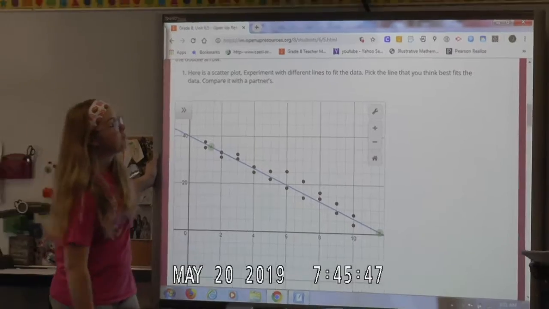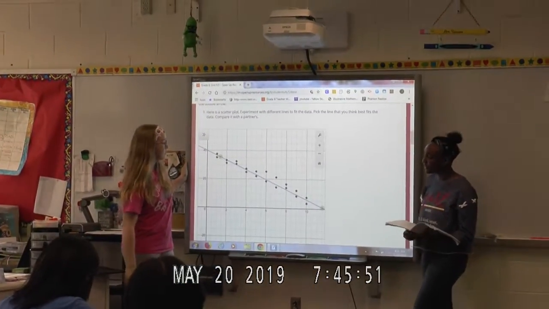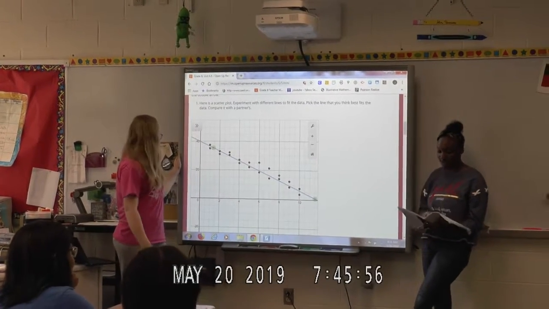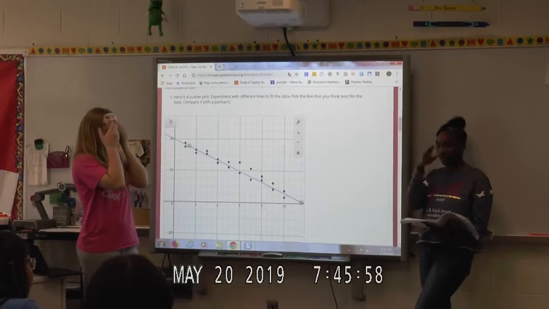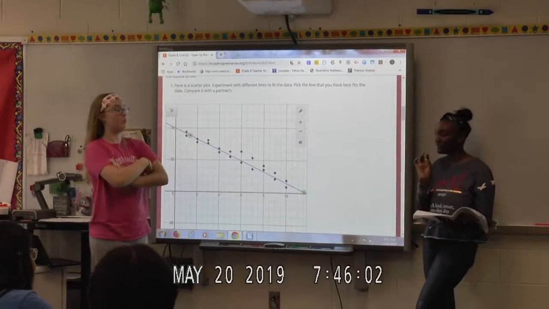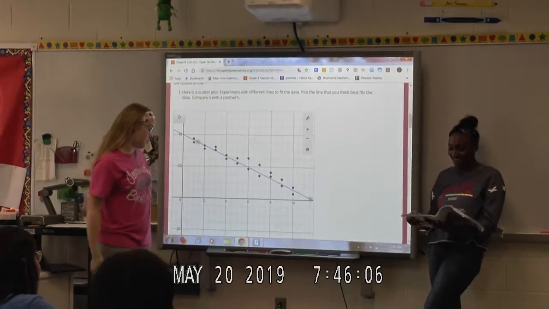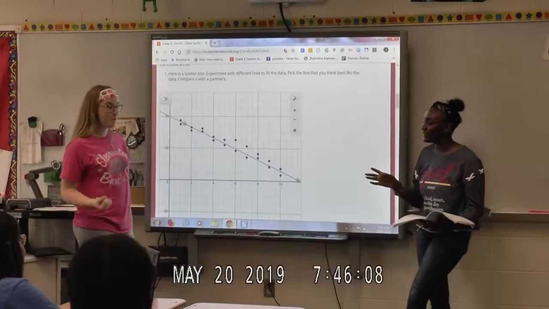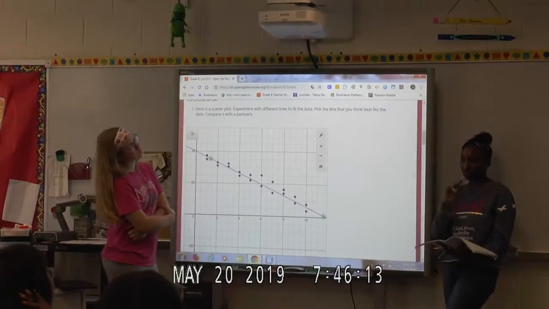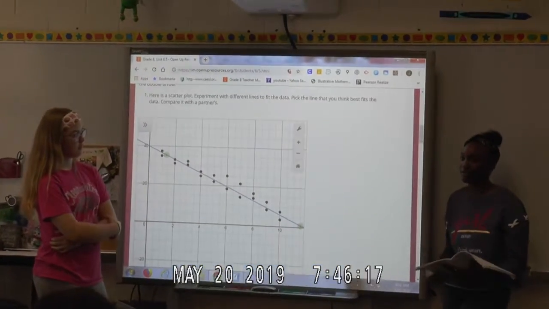Because we had to put it on there, we've seen that most of the scatterplots that we worked on are pretty much in the middle. So it has some on the top and then some points on the bottom, so we put them in the middle. And then we noticed that there was only one on the computer, but I think there was two on the page so that you could do two different ones to try and show different lines instead of just one.